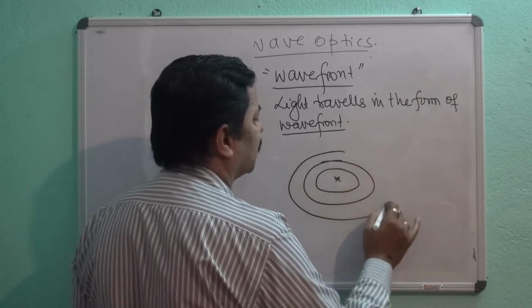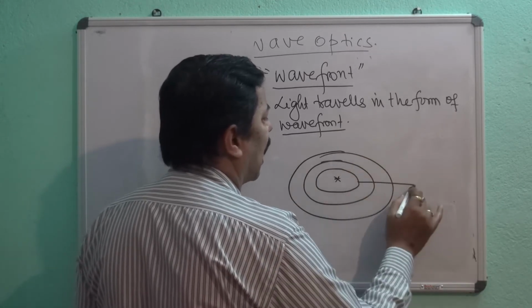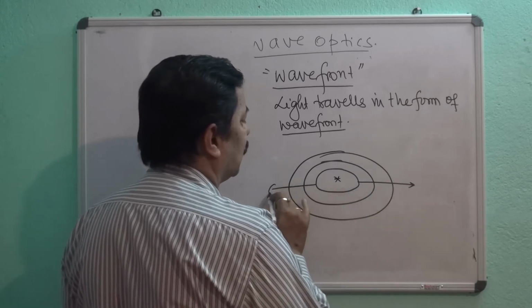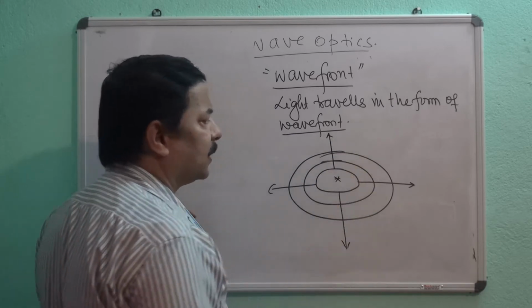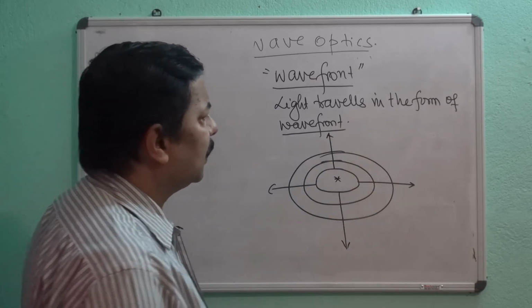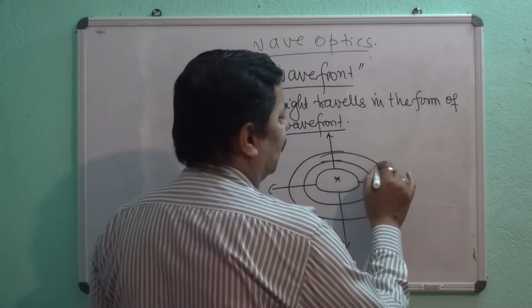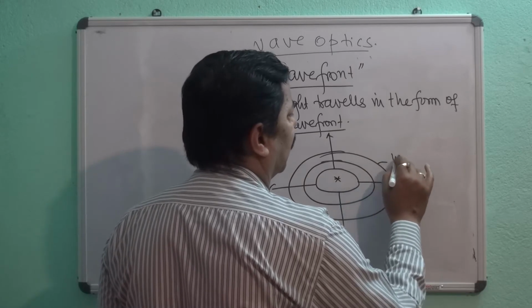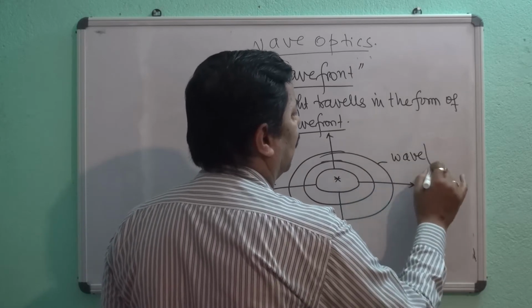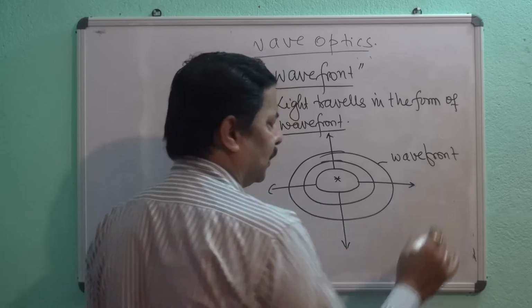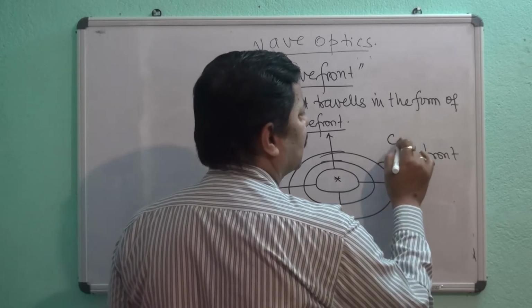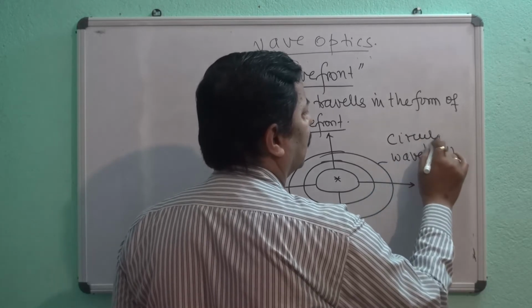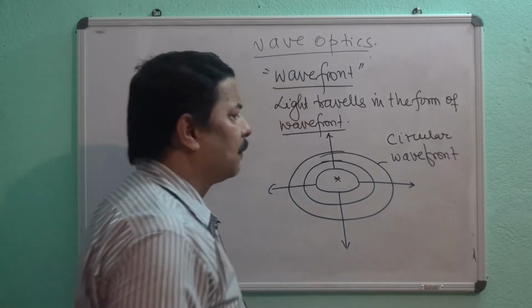This represents your wavefront on the surface of water, and this is basically a circular wavefront.